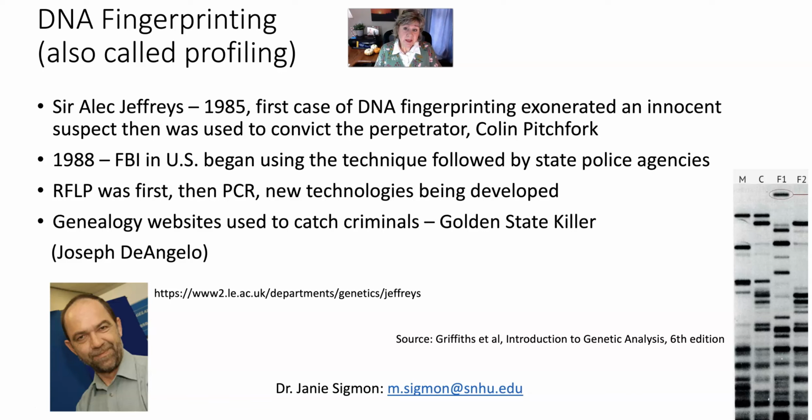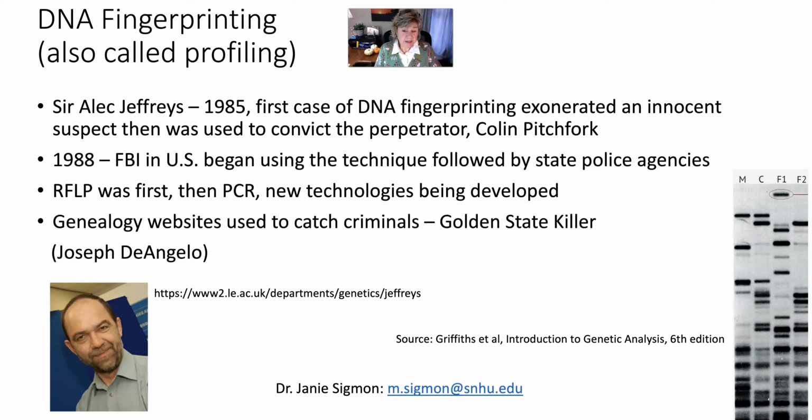These genealogy websites have been used by police to catch criminals because they will submit the PCR results from some evidence, and they're looking then to see if there are any matches out there for this DNA. Now, usually there's not a one-on-one match to one particular person, but they can trace this DNA into certain families, and then by elimination, they can figure out who might possibly have contributed this DNA, and then go out and collect the DNA from that person, test it, and see if that person matches the DNA.